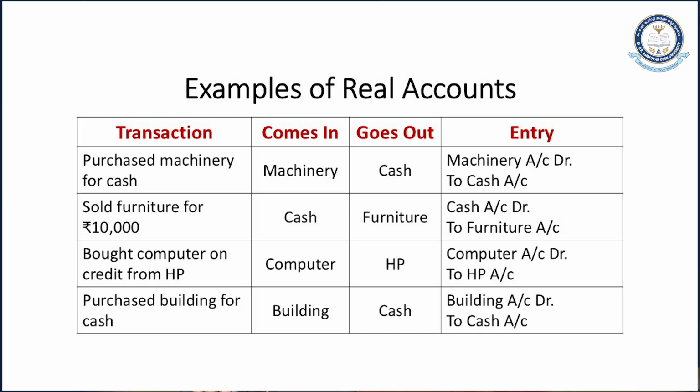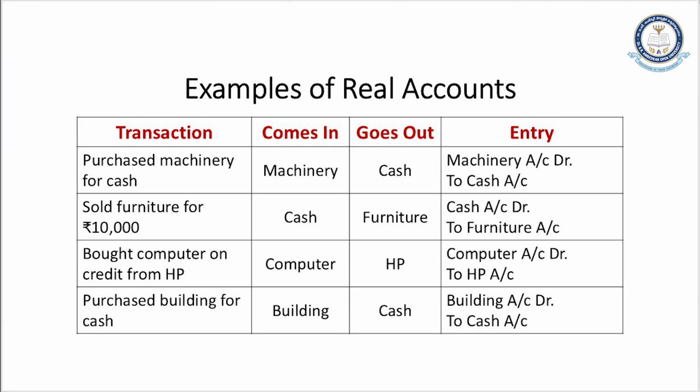Here we see in each of these examples, it's not only one what we are dealing with. Means we are not only dealing with machinery or furniture, but with each transaction there is something else also being dealt with. For example, let's go back to the example one. Purchase machinery for cash. Means machinery is coming in, but when we are purchasing machinery, cash is going out because we have to pay through cash, and cash is also a real account.